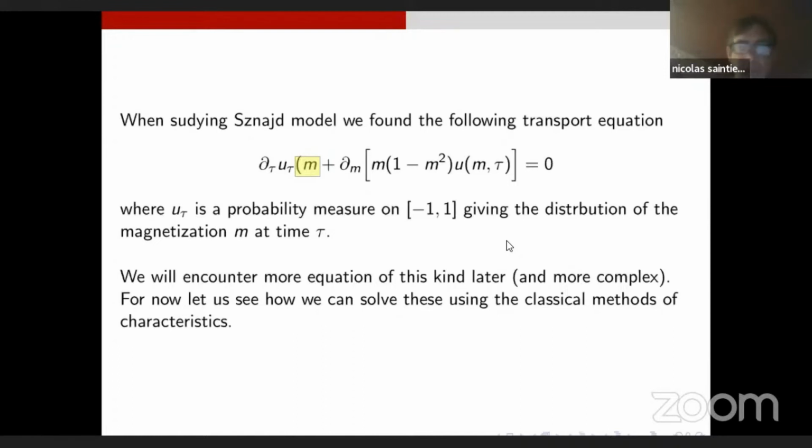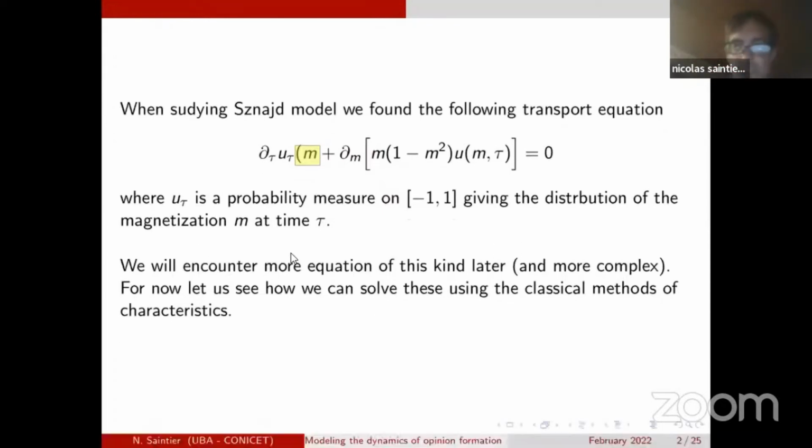It's no big deal. If you take compactly supported measures, it's all the same, and usually people do that. But yes, you're completely right, so thank you for mentioning that.